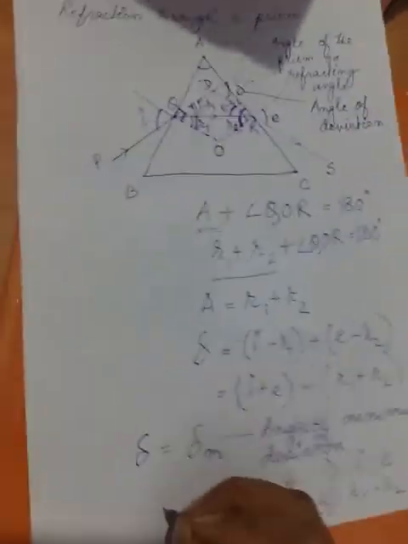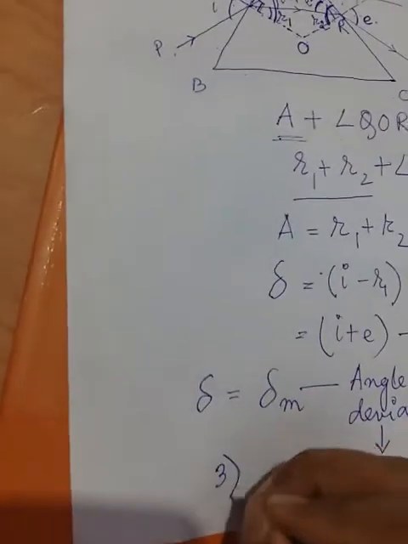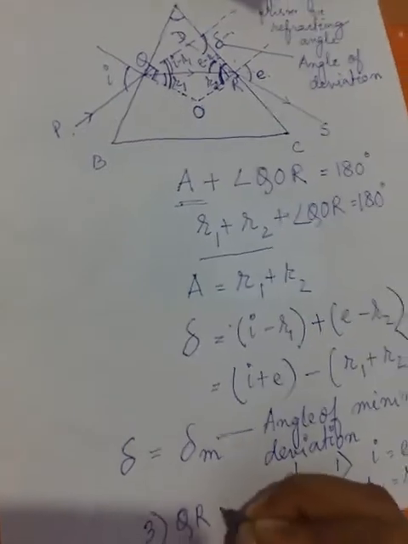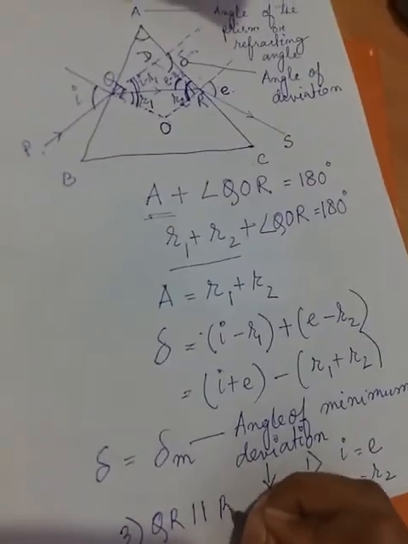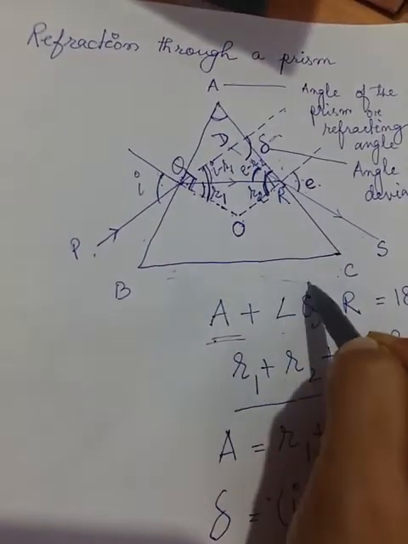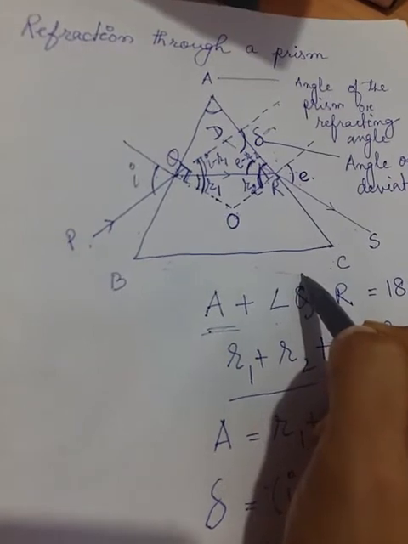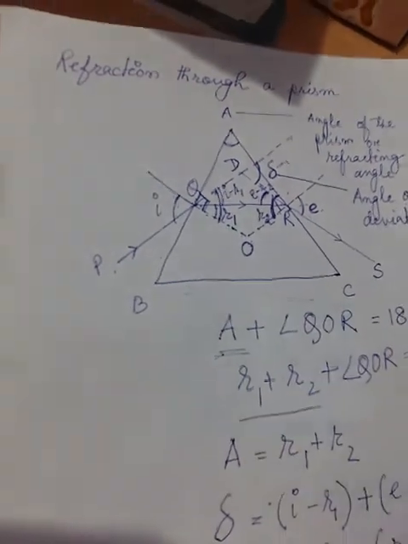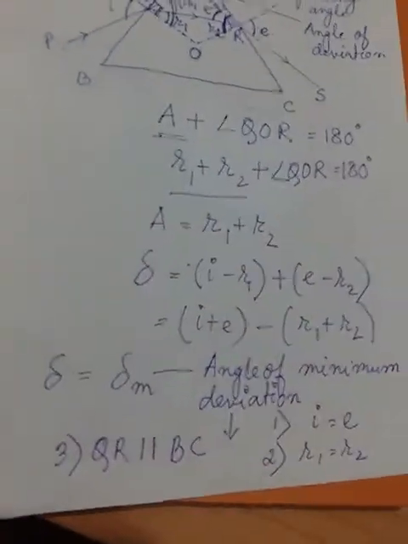And number three, QR must be parallel to BC, the base of the prism. So these are the three necessary conditions.